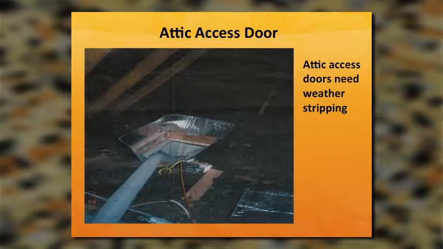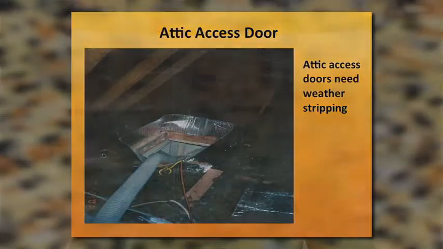Also, we have to put what's called an insulation dam around that attic access hatch so that we can fill up the attic with the right amount of insulation, whether that be 14, 16 inches, whatever the right R value is. Then every time somebody goes into that attic access, we don't end up losing all of that insulation down to the floor.